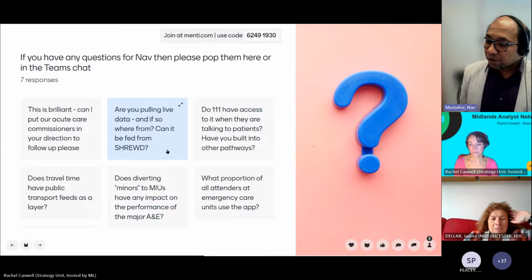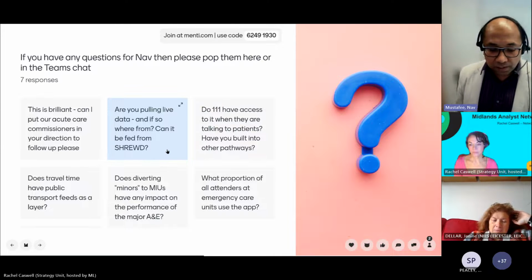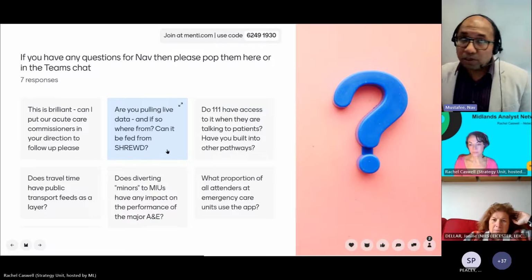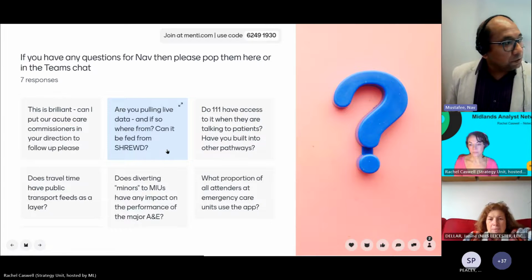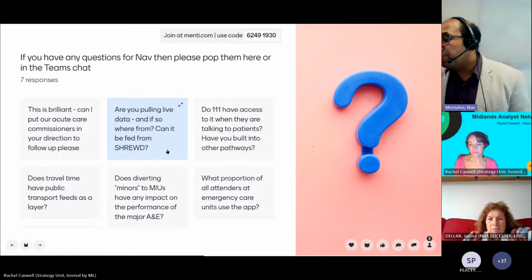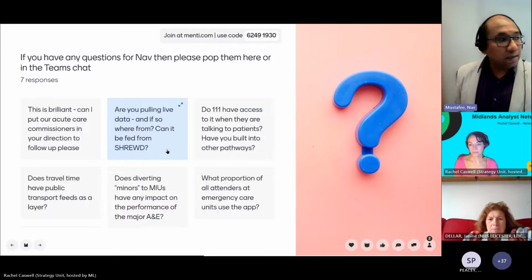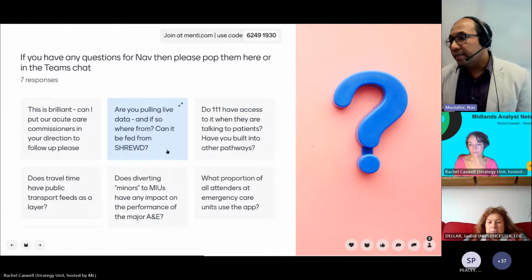So with 111, what we are doing is that in my slides, I have mentioned a person called Sebastian Lawrence from NHS Digital, or whatever it is called now. So we are working with him to see what more can be done with the NHSquicker feed, including what you mentioned, people from 111, the people who are triaging the phone call, have live access to it.